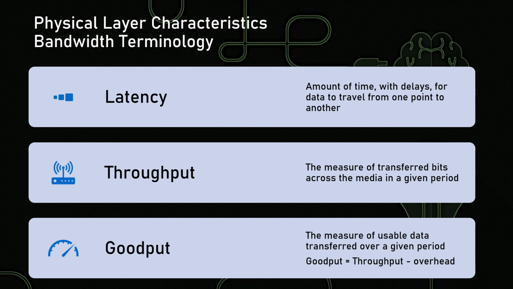That's the burden on the infrastructure. So goodput is the throughput minus the overhead. So bandwidth is the largest possible value, throughput is what you're actually getting in bits, and then goodput is what's actually usable out of what you've been given. So you see that's a field of narrowing constraints. Goodput is what we should really be focused on, but in most cases for advertising purposes, we tend to look more so at bandwidth.